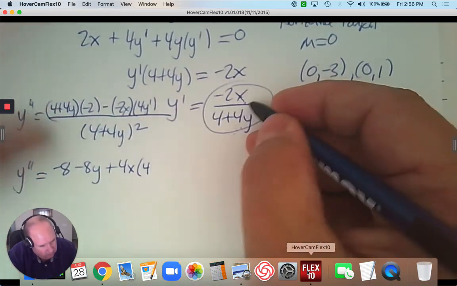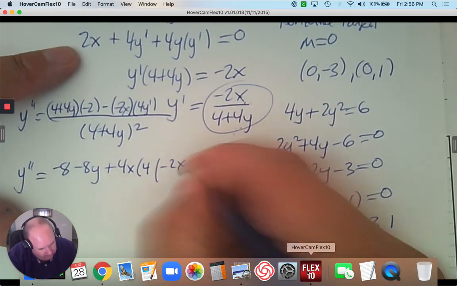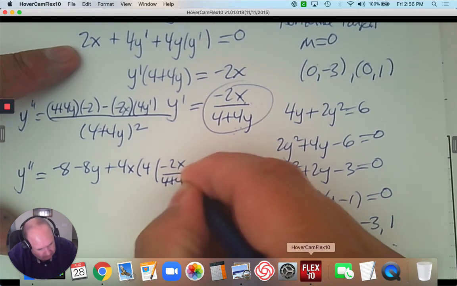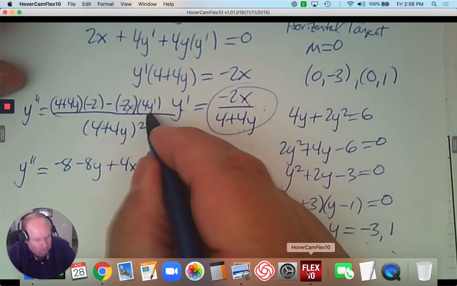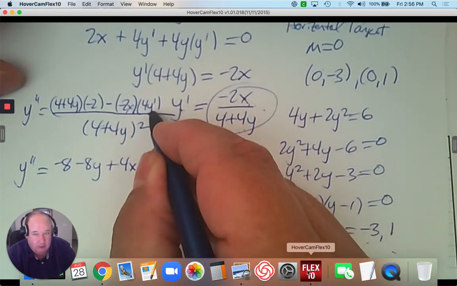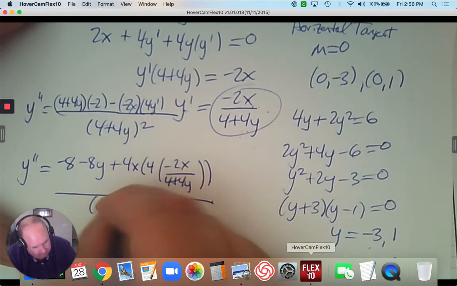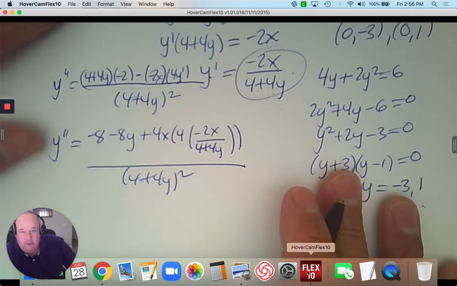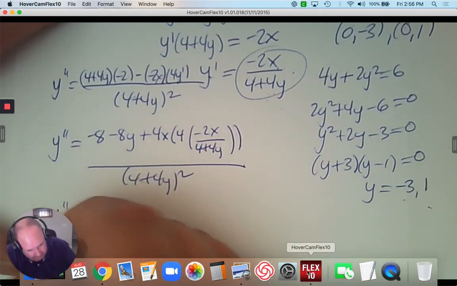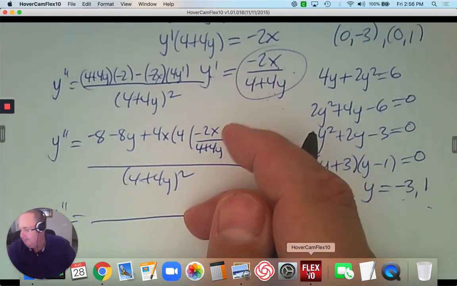Where there's a y prime, I'm going to put in negative 2x, 4 plus that. So y prime is that. Where there's a y prime, I just plug in what y prime equals. Simplify it.